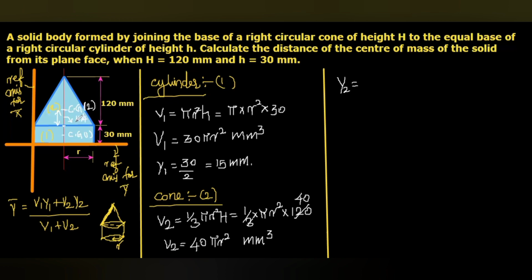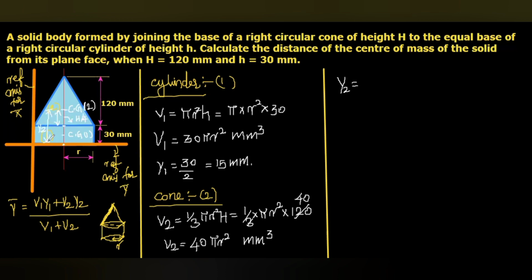But we need Y2, the distance from the reference axis to CG for the Y bar calculation. That means we need this total distance. Do you understand? From the reference axis to CG2, that is Y2.